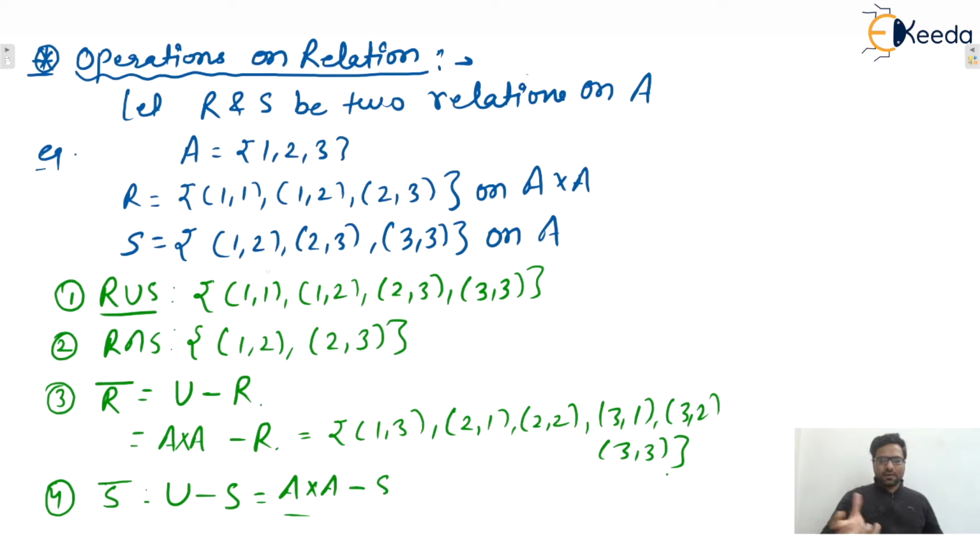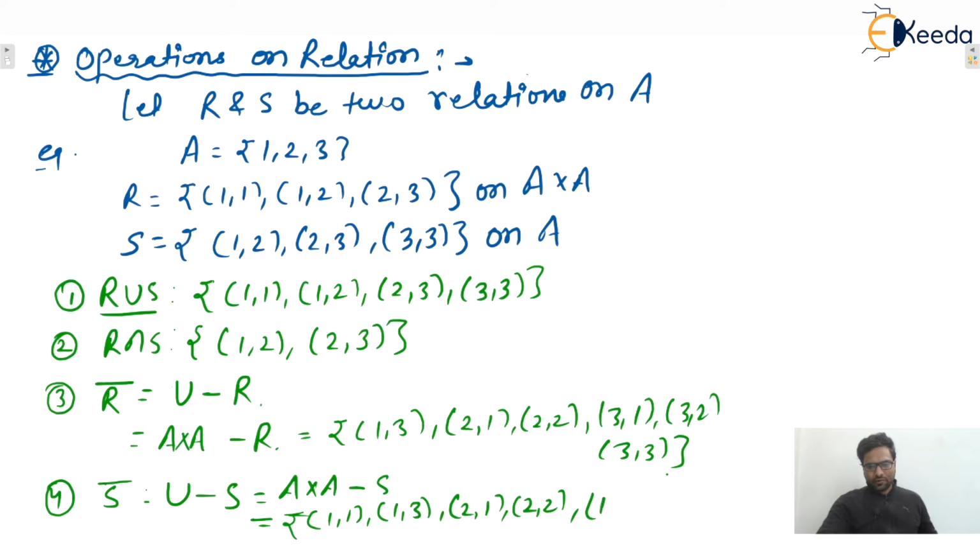So subtract the ordered pairs of the relation S from A cross A. The resultant answer will be (1,1), (1,3), (2,1), (2,2), (3,1), and the final one is (3,2). Isn't it? I hope this one is clear to everyone.